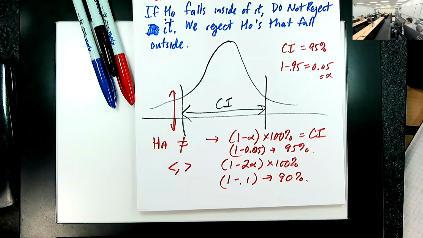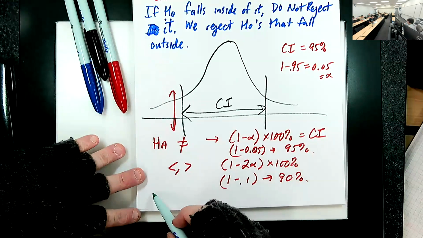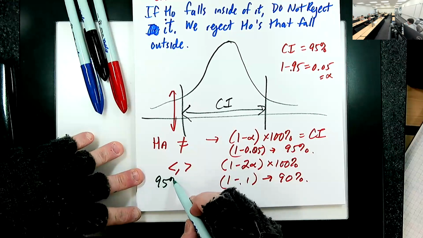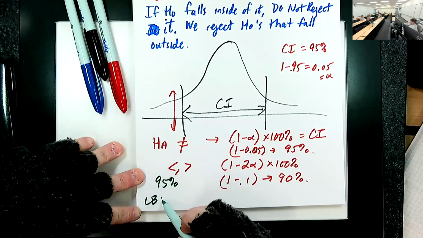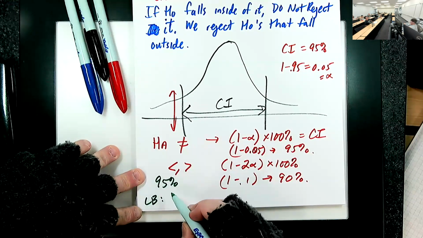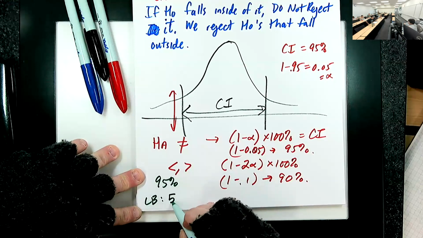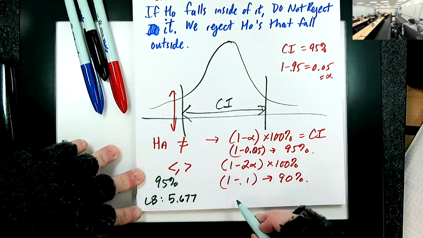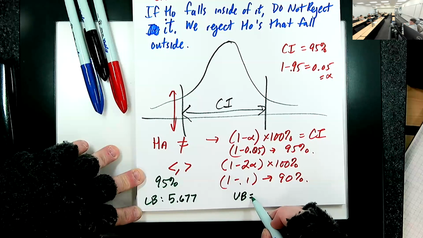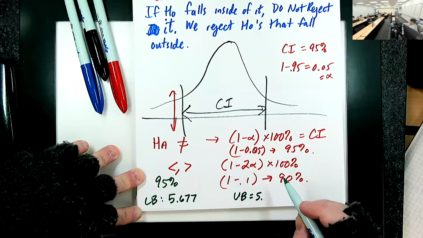I went and redid this with the 95% bounds. The lower bound was 5.677 and the upper bound was 5.727.